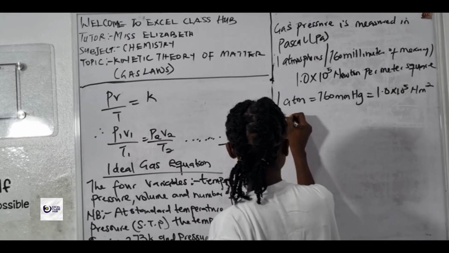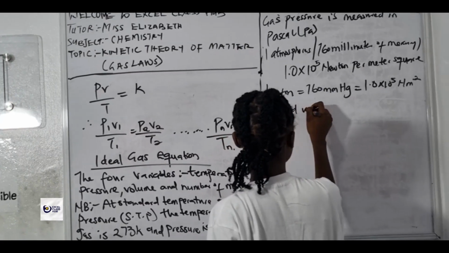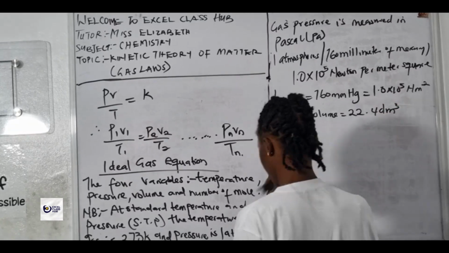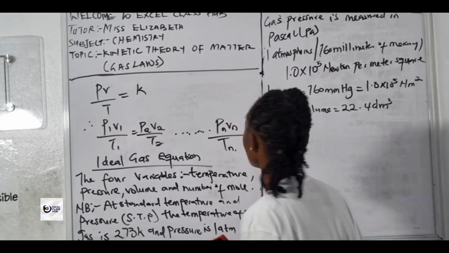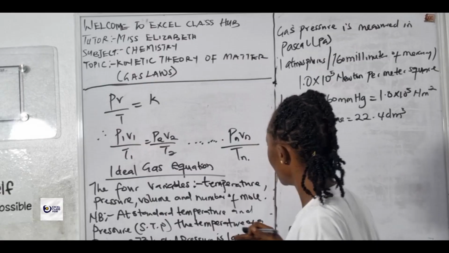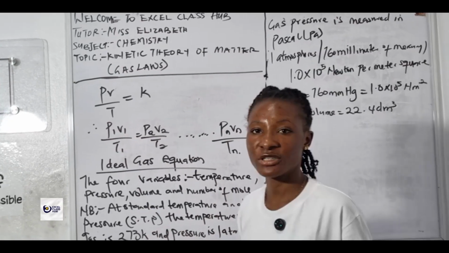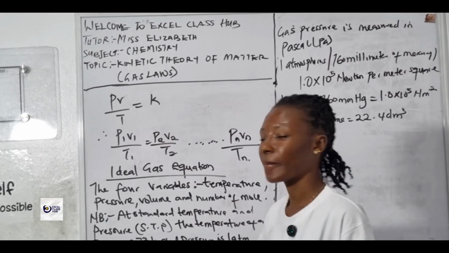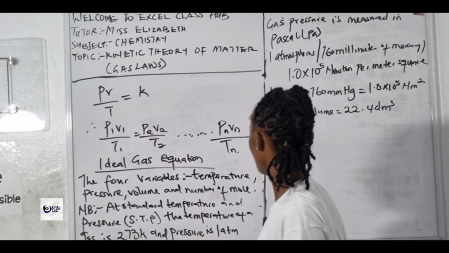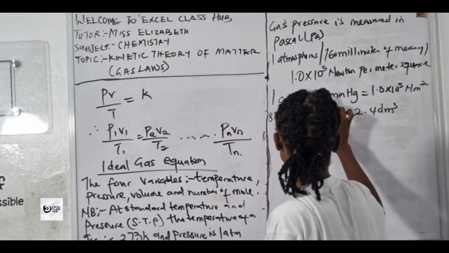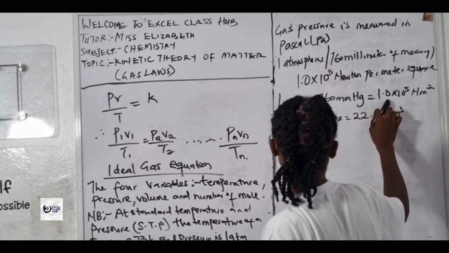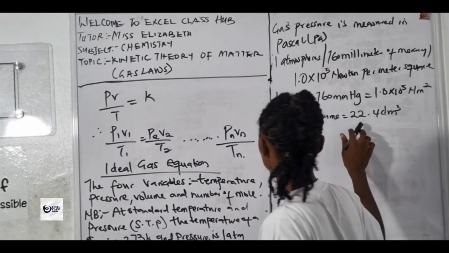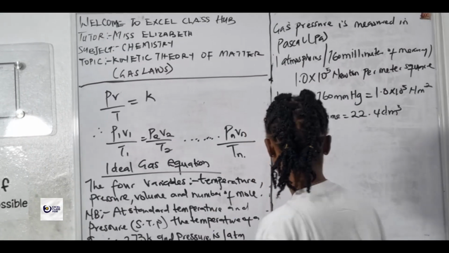And the standard volume is equal to 22.4 dm cube. So having understood this would aid us in understanding that when it is mentioned as standard temperature and pressure, we have a fixed value of temperature to be 273 Kelvin, a standard value for pressure to be 1 atm or 760 millimeter mercury or 1.0 times 10 raised to the power 5 Newton per meter square, and a standard volume of 22.4 dm cube.